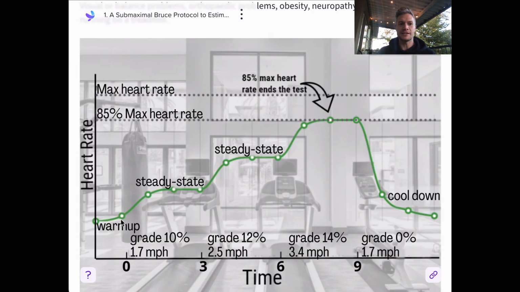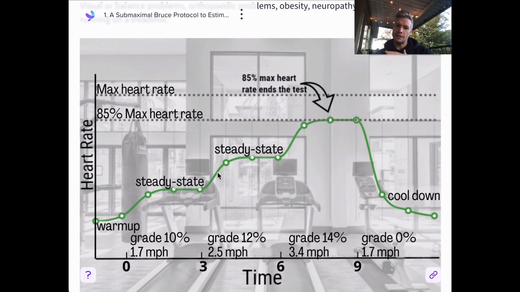So here again, just to illustrate the Bruce protocol, if you haven't seen it on a graph, we can see that we have some time to reach steady state as far as our heart rate. And we can say for sure, okay, when our heart rate is at this rate, we are sufficiently happy that this heart rate is stable, it's set, and we can make a better prediction from this stage to that stage of the linear relationship of the heart rate as it goes up.